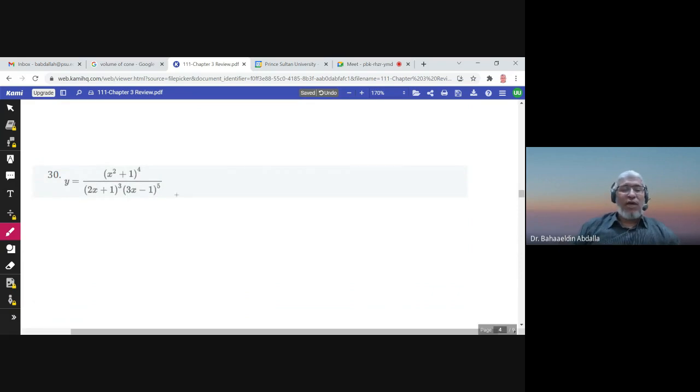Here also I will use logarithmic differentiation. So ln y would be equal to, if I apply ln to the right hand side, then I can simplify and write it ln x squared plus 1 to the power 4 minus ln 2x plus 1 to the power 3 times 3x minus 1 to the power 5.